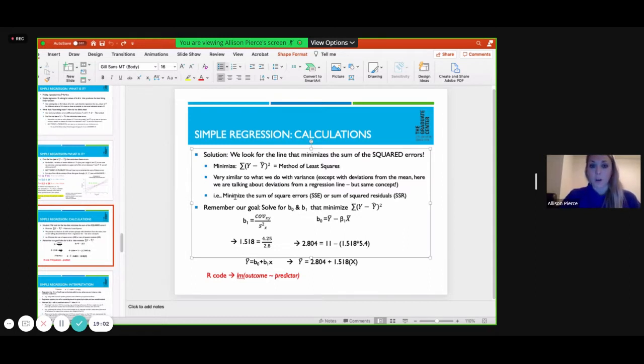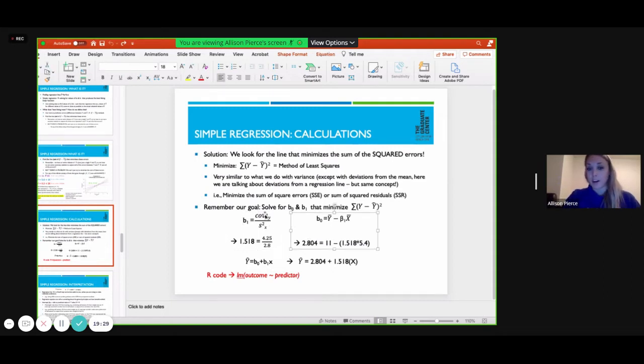And so in order to minimize the sum of squared errors or SSE or sum of squared residuals or SSR, these are identical terms. It's just some people call it sum of squared errors, some people call it sum of squared residuals. We're going to solve for our intercept and slope using these formulas, and this will allow us to get the minimum number of squared residuals.